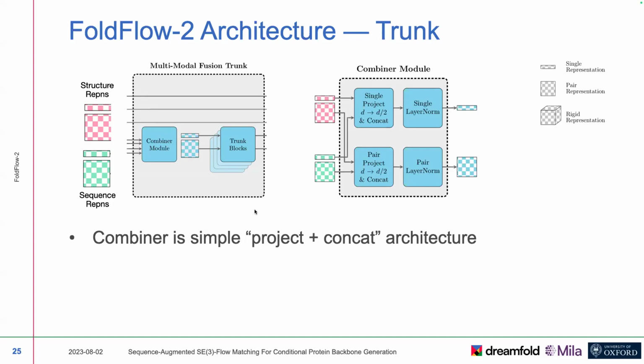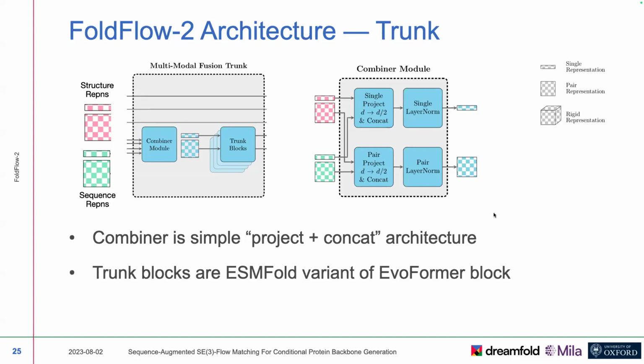And then this jointly embedded representation is processed by a number of trunk blocks. These trunk blocks are the ESM variant of the Evoformer. And the Evoformer was a very successful architecture that was introduced in AlphaFold 2. And yeah, it is another very well-studied model component for building protein representation models. And so that's the fusion.